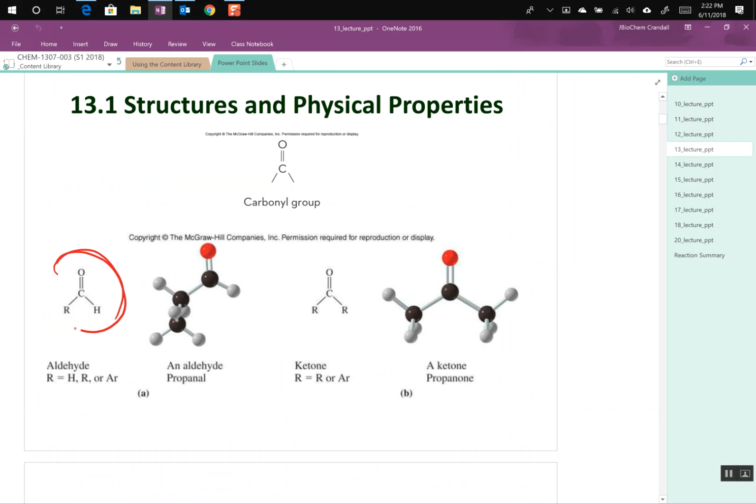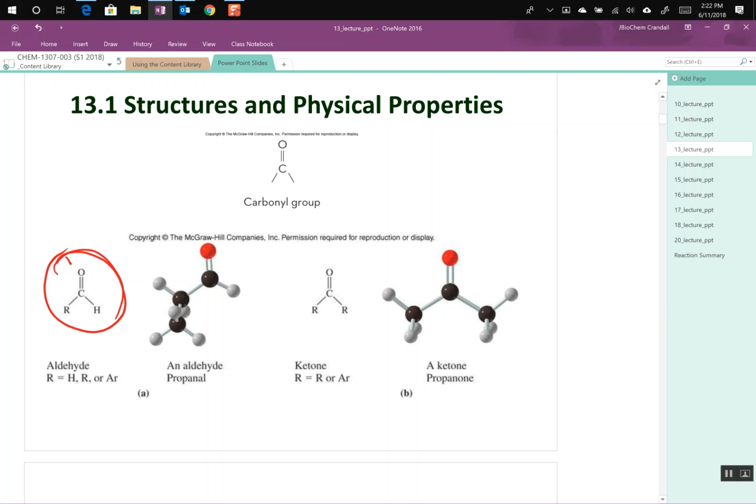Okay, why doesn't this aldehyde hydrogen bond? What would it need to hydrogen bond? Yeah, it would need a hydrogen bonded directly to the oxygen.